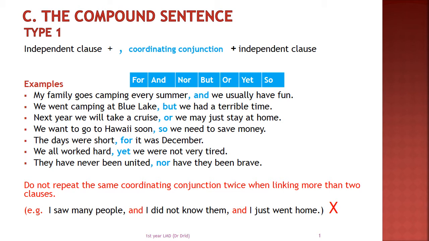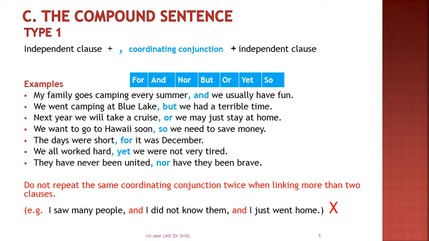Sometimes but expresses contrast. For instance, when you speak about differences between two people or two things, you say, John is tall, but Bob is short. This is contrast. Now, or: next year we will take a cruise, or we may just stay at home.